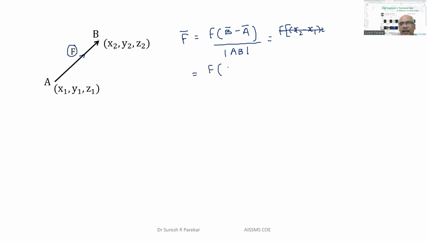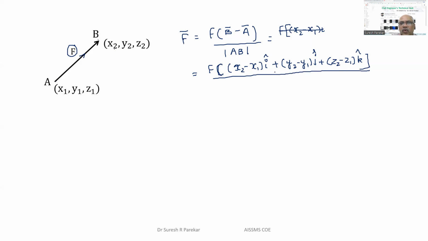So F in brackets: (x2 minus x1) i plus (y2 minus y1) j plus (z2 minus z1) k, divided by AB, which is the root of (x2 minus x1) whole square plus (y2 minus y1) whole square plus (z2 minus z1) whole square.